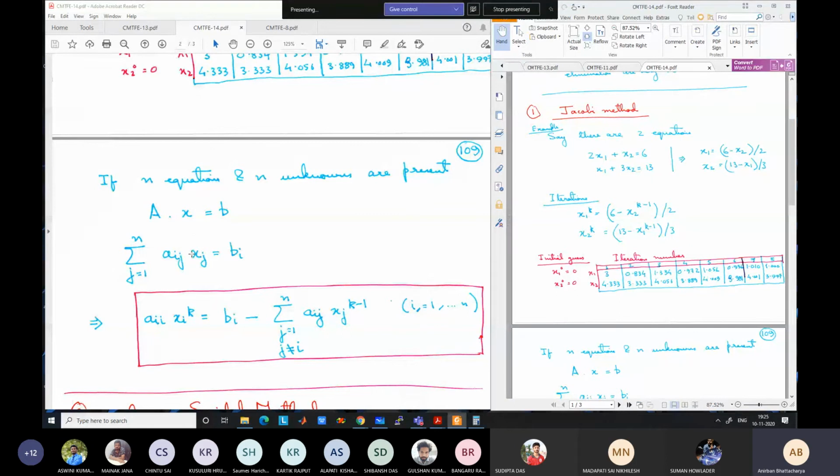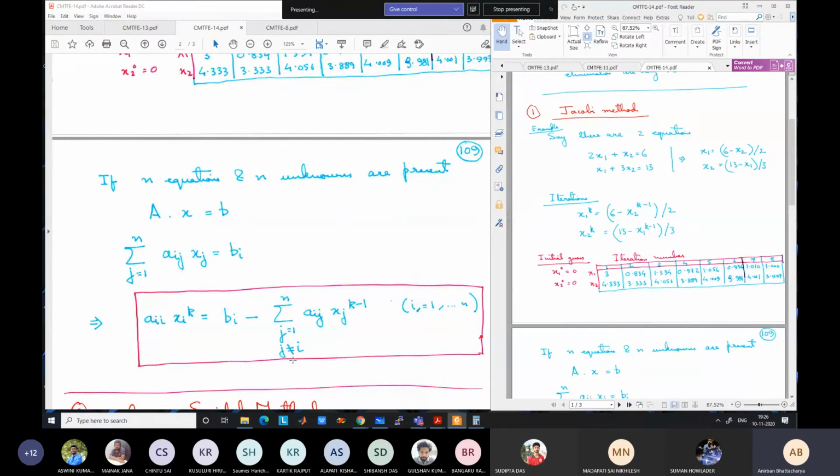If we want to calculate that variable value xi for the kth iteration, aii xi k is equal to bi minus all the other variables and their coefficients. Here the other variable was x2 only. In general, it is the summation for j equal to 1 to n of aij xj from the previous iteration, except one term, where j is not equal to i.